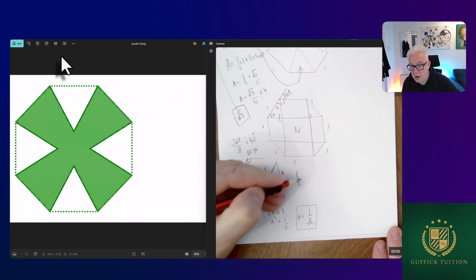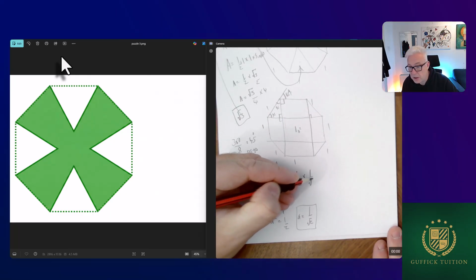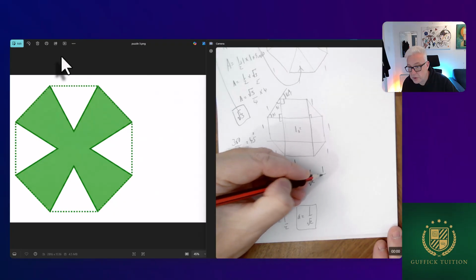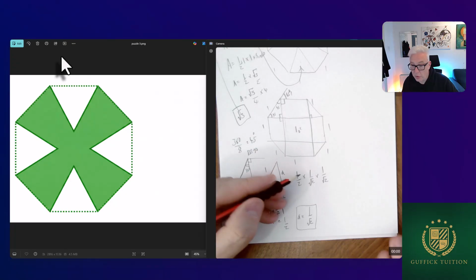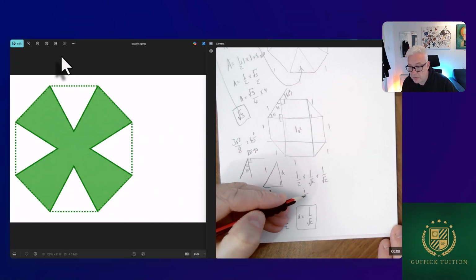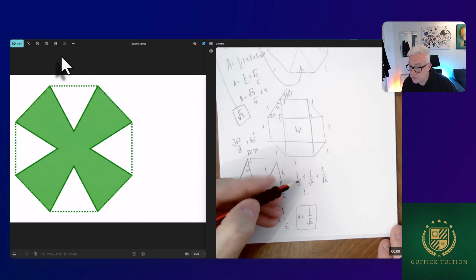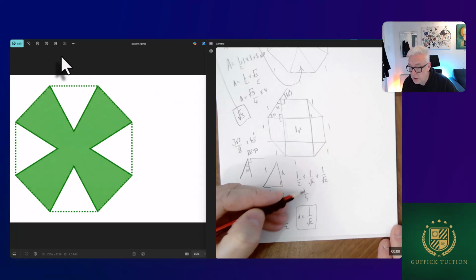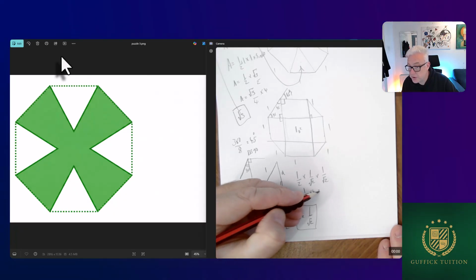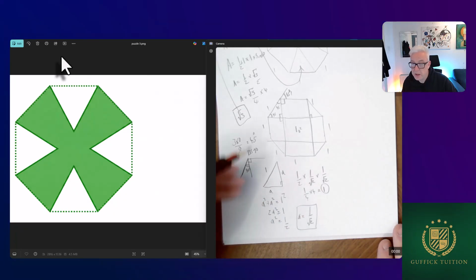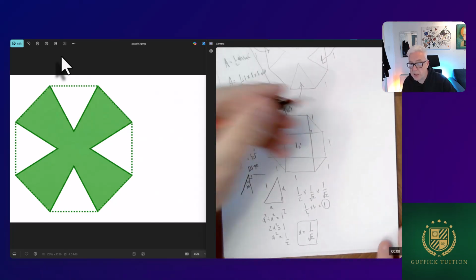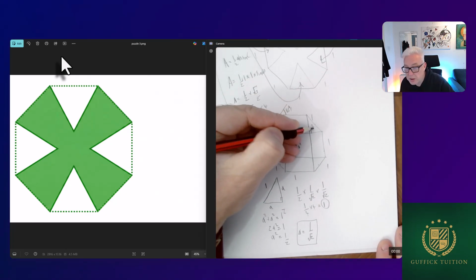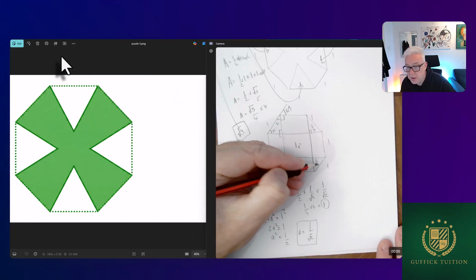It's a half base times height, so a half times 1 over root 2 times 1 over root 2, which is a quarter. There are 4 of those little triangles, so they all add up to make 1. Let's write them in as a quarter each.